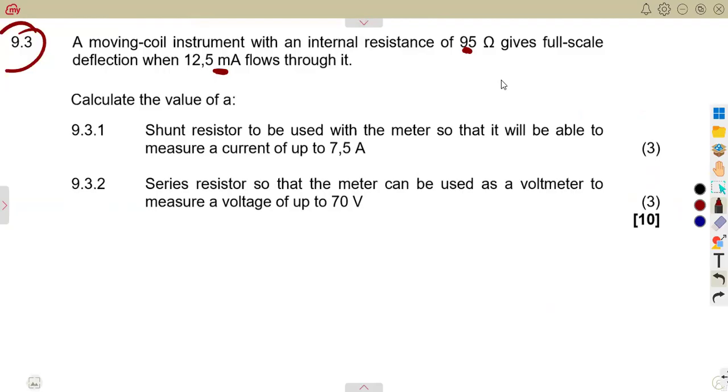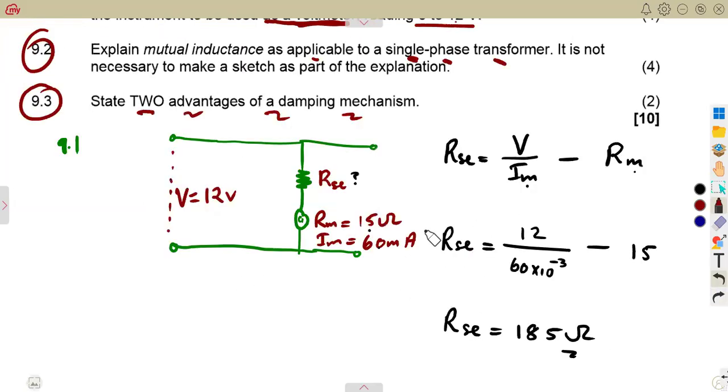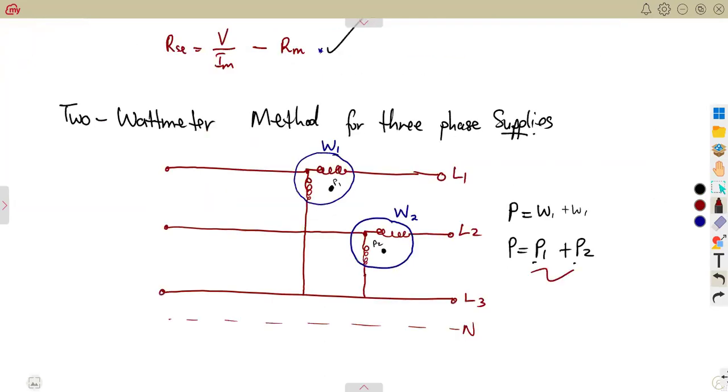The question was to calculate the value of the shunt resistor to be used with the meter so that this will enable it to measure current up to 7.5 amps. You're considering the shunt connection in this case, and the other one, a series. So we've got 2 things there, a shunt and a series.